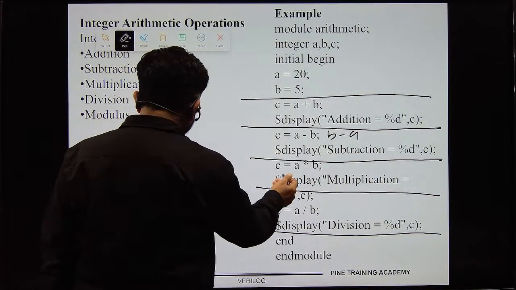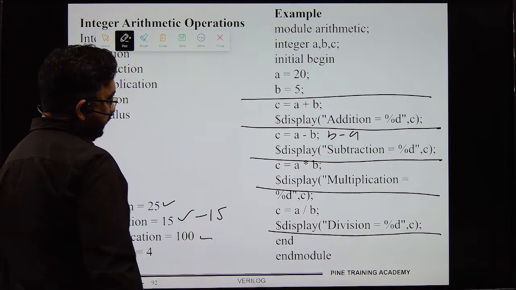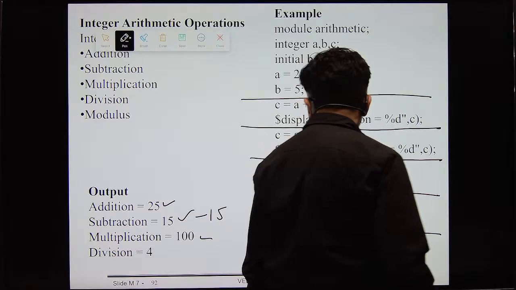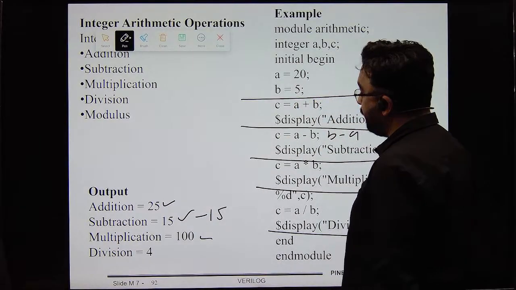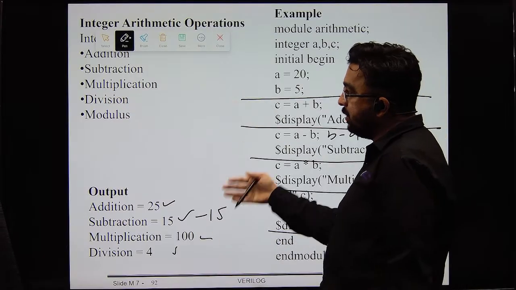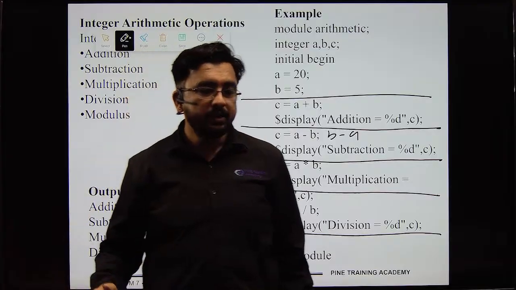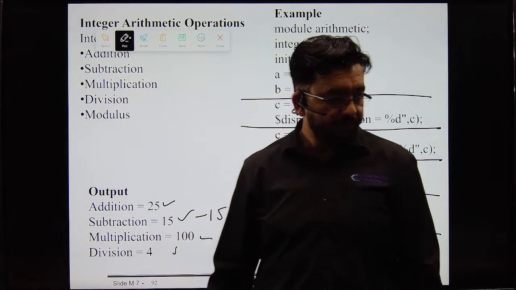A into B, 20 into 5, 100. And A divided by B, 20 divided by 5, is 4. So this is how your integer works in terms of addition, subtraction, multiplication, and division.